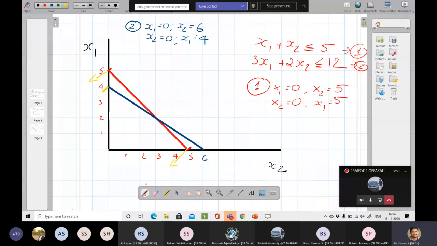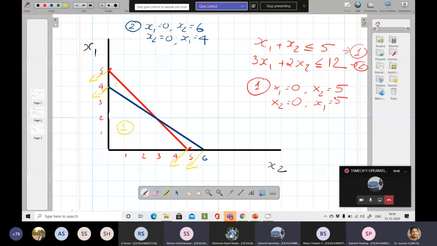Now you can see there are many spaces formed by the constraints. How will I find the solution? I have region 1, region 2, region 3 and region 4.